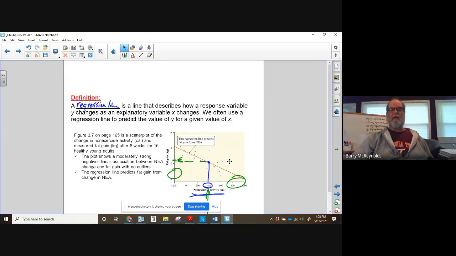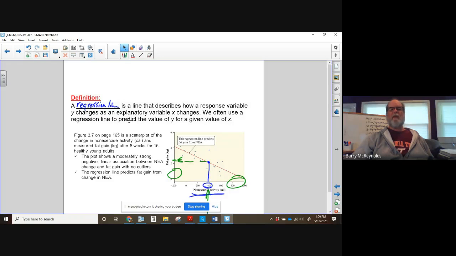They go up or down, and that's exactly what a linear function describes, and we're familiar with that from way back in Algebra 1. But a regression line tells us exactly how the response variable changes as the explanatory variable changes. It's the definition of a linear function from back in Algebra 1.